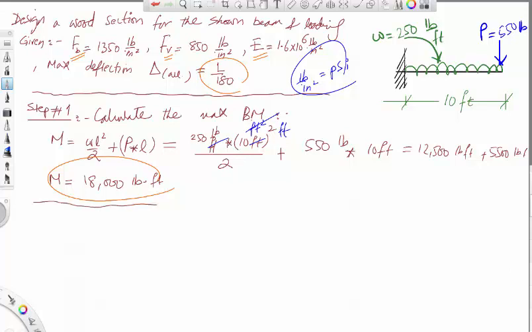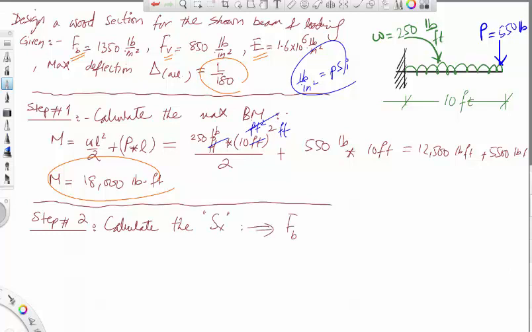Now step number two. Step number two is to calculate the section modulus value, and we do this from the equation FB, which is actually given in the module 8 explanation, equal to moment divided by Sx.